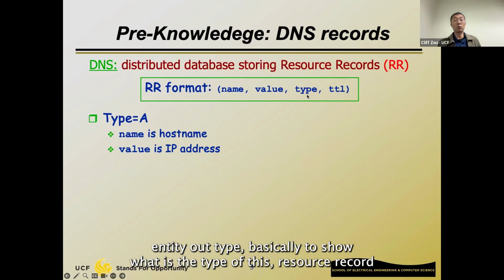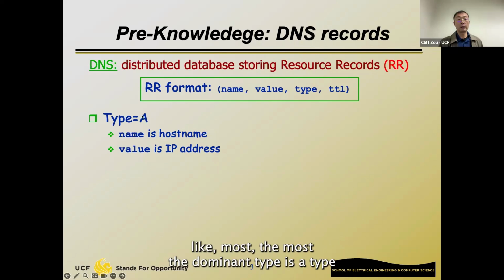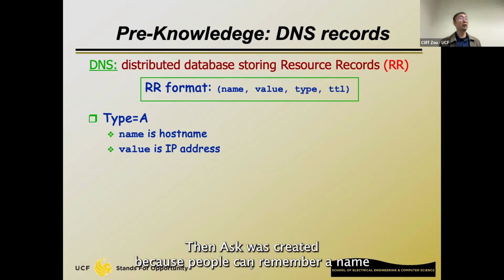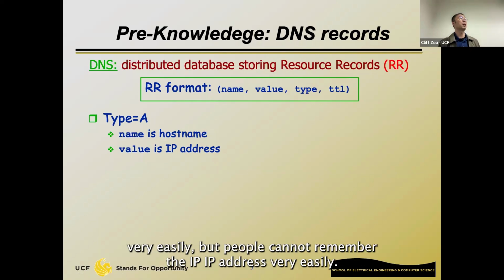Type basically show what is the type of this resource record. Like the most dominant type is the type A. Type A is the foundation reason for why DNS was created. DNS was created because people can remember a name very easily, but people cannot remember the IP address very easily.